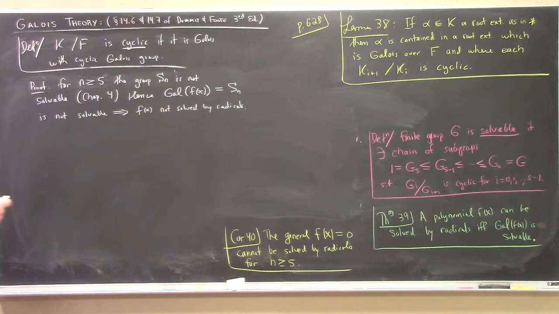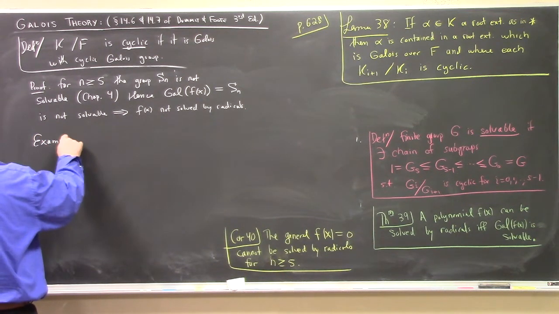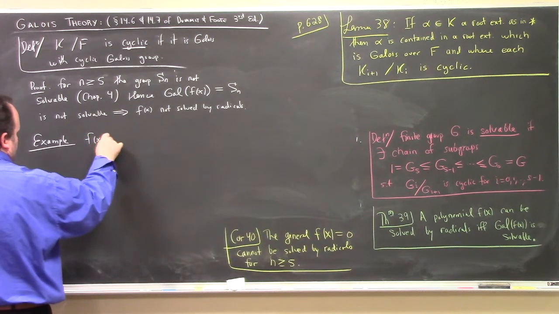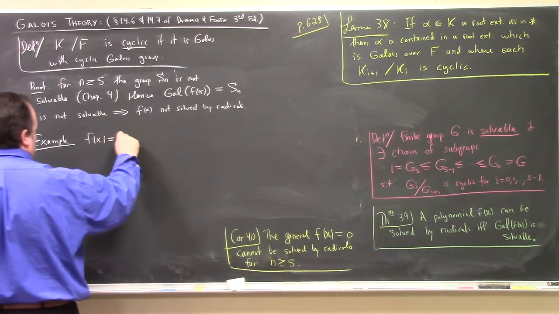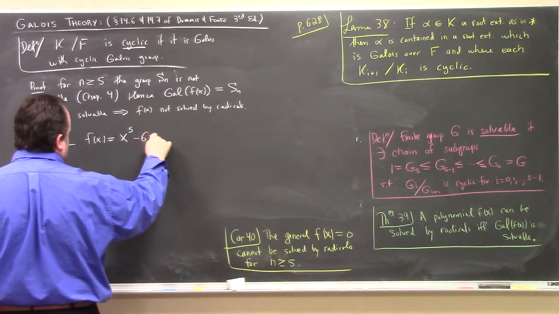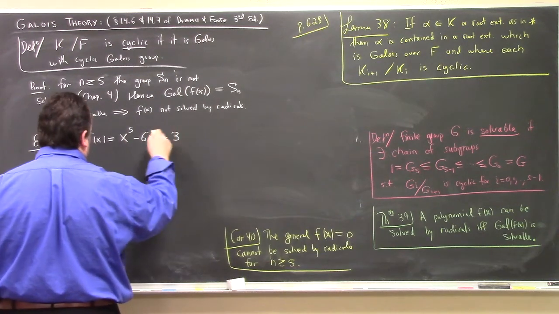So here's his example. We have f of x equals x to the 5th minus 6x plus 3.